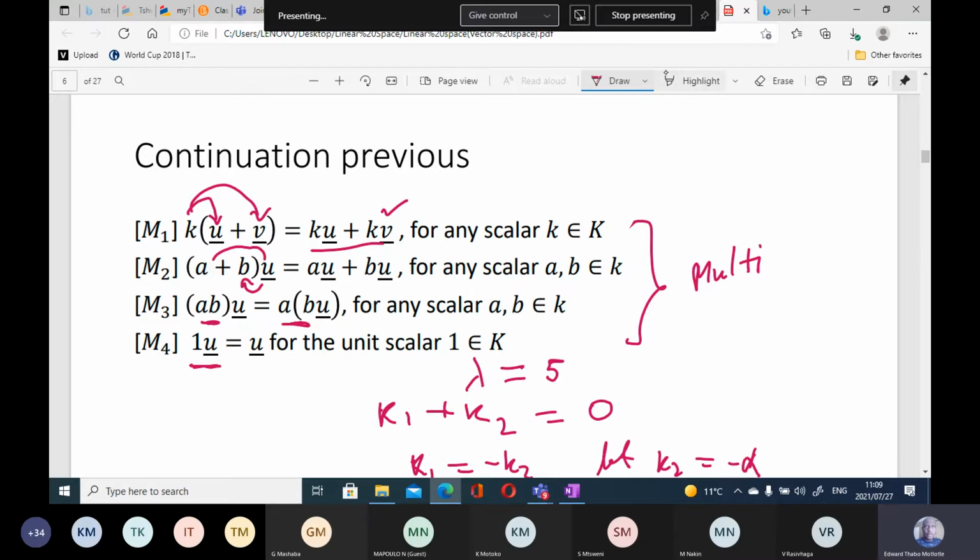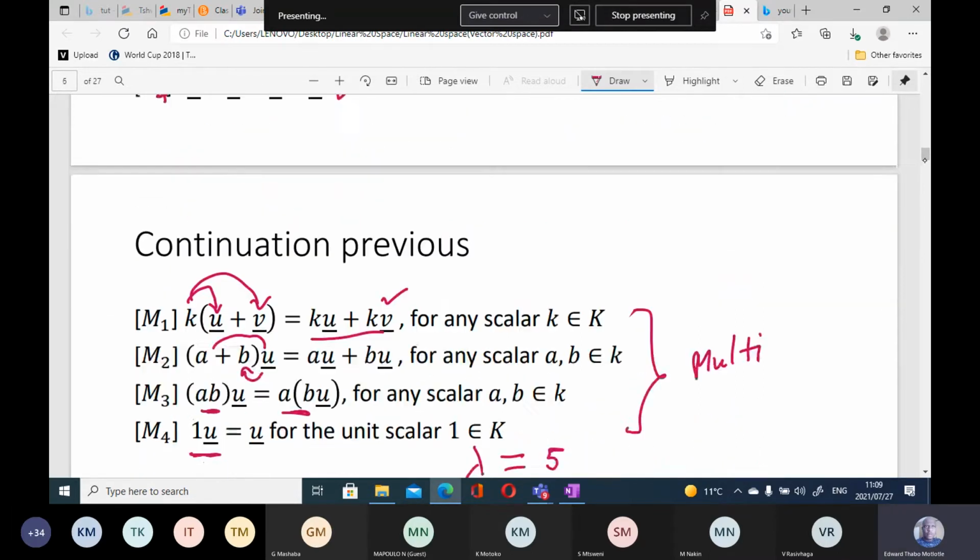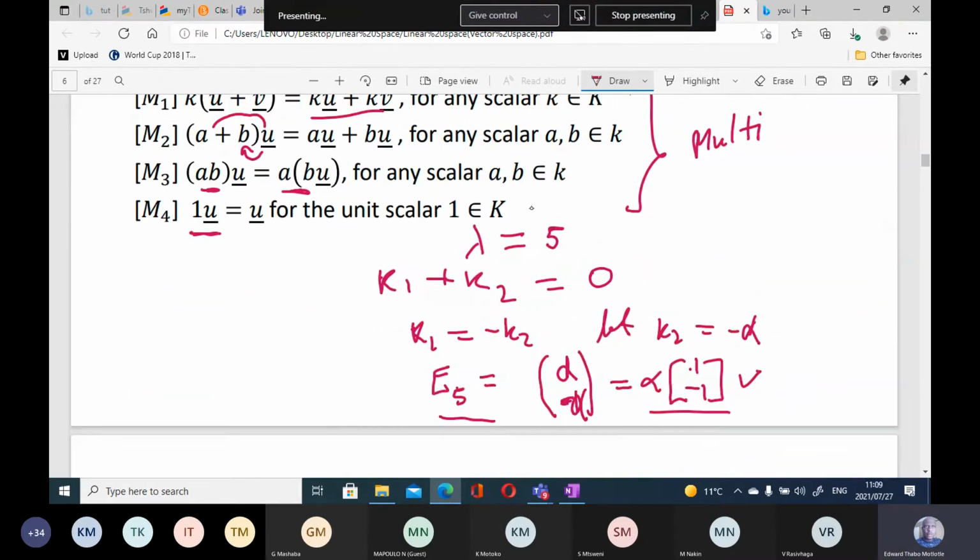Now, what I have here below, I was trying to explain this concept of space. What is a space? Here I was using something relevant. Let's say we have an eigenvalue of 5.